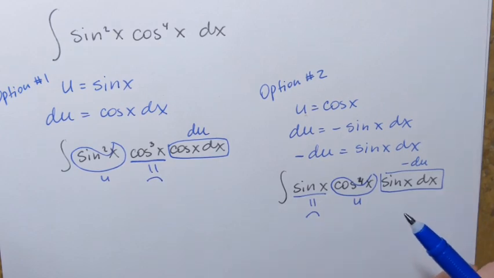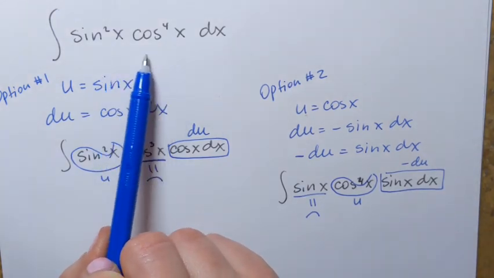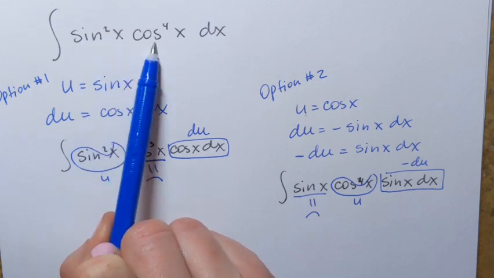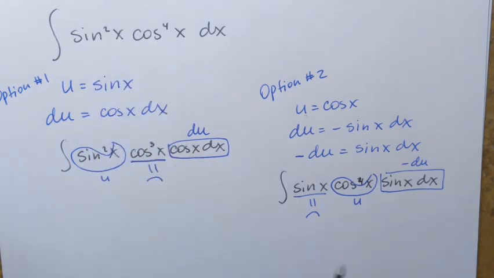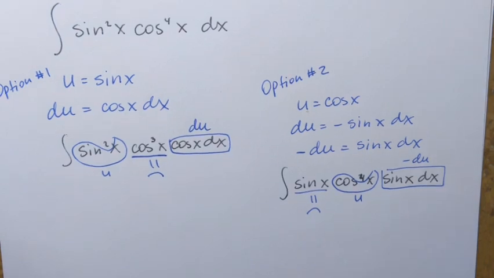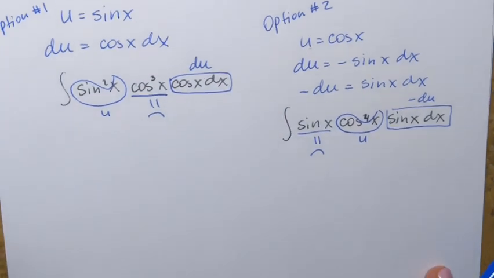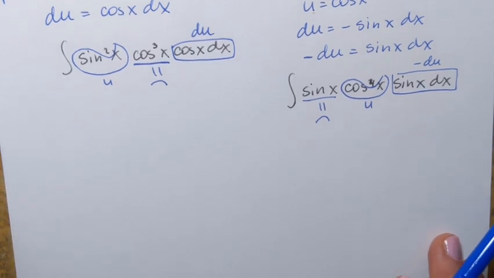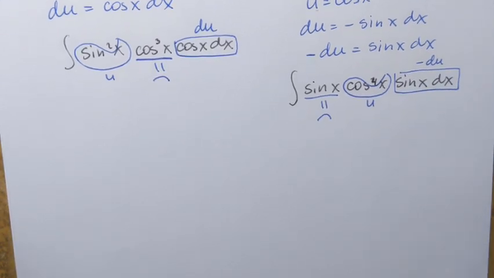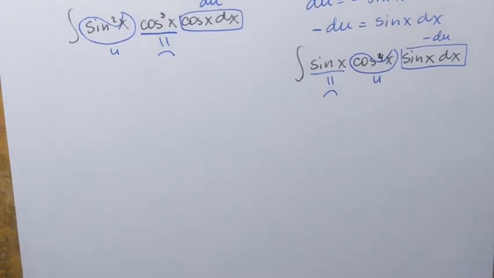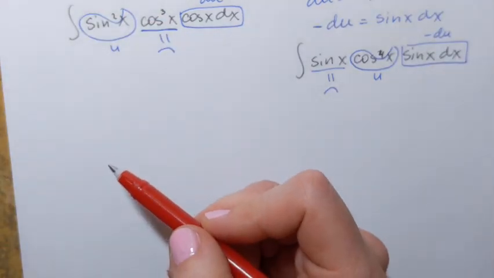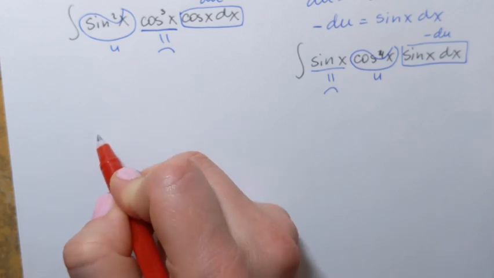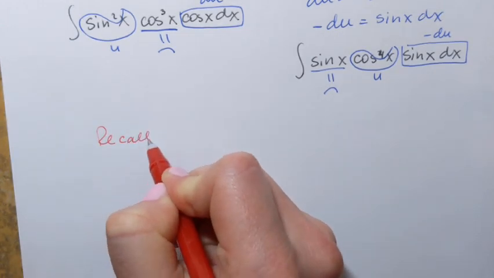So this example illustrates that if you have a trigonometric integral with both functions, sine and cosine, raised to even powers, you need another method. And that method will be the following. We're still going to be using identities, but a different kind of identities. They're going to be half-angle identities. Let me remind you what they are. We saw them in the introduction video, but we have those two identities.